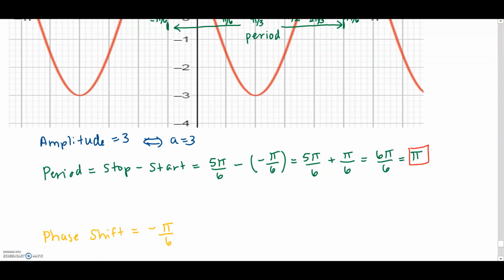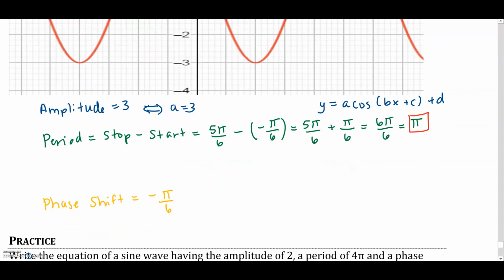Now, based on our period and phase shift, we can determine the constants b and c in our general equation. Remember, the equation that we are working towards is y equals a cos of (bx plus c) plus d. And what we're trying to determine are the constants a, b, c, and d.